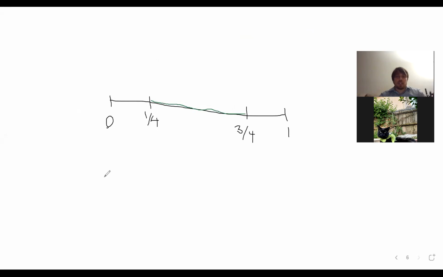Well, the probability of 1/4 ≤ X ≤ 3/4 in the interval from 0 to 1 inclusive would be equal to the length of this green region, right? So I'm going to use green for that. So this would be 3/4 minus 1/4. That's how you would calculate the length, right? The length of this is 1/2.